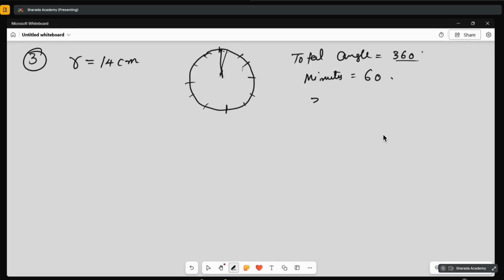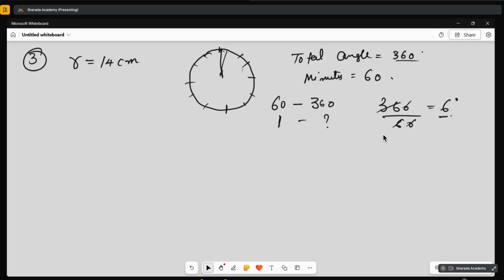For 60 minutes it is 360, so for 1 minute it is 360 by 60. So it is a 6-degree angle. For every 1 minute, it is always 6 degrees.